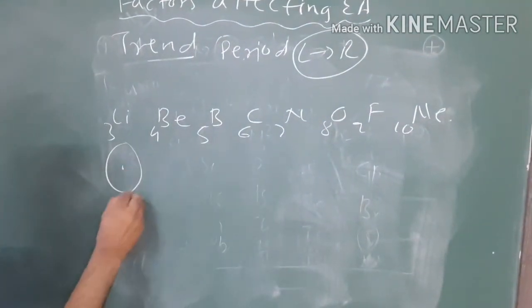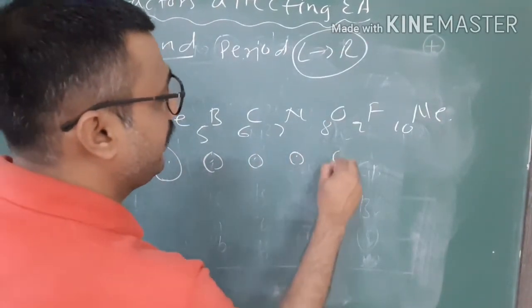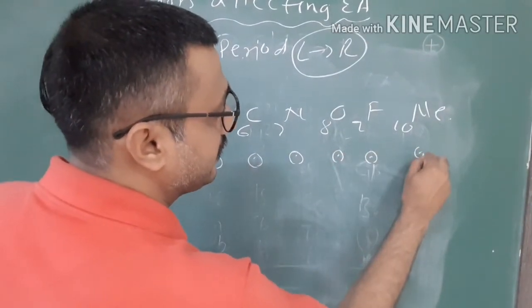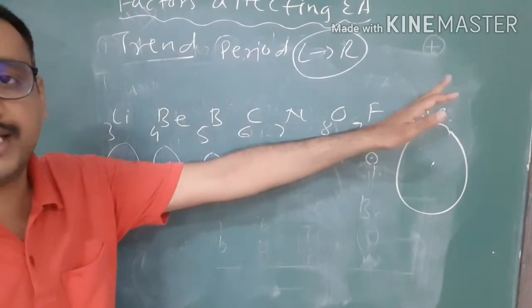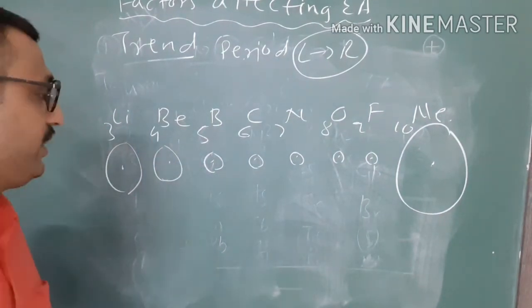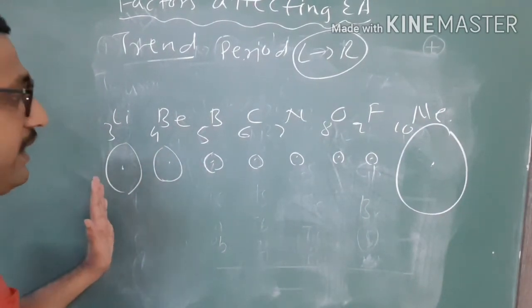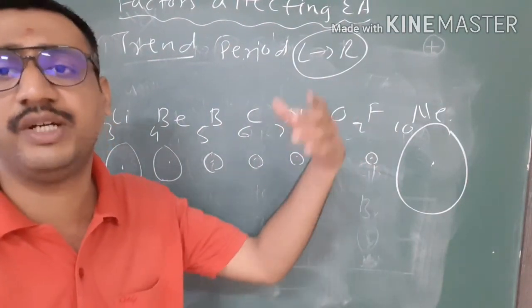Atomic size decreases as we move from left to right in the periodic table. Effective nuclear charge increases, as we studied. Because of the van der Waals radius, neon has the largest atomic size. So we expect that left to right atomic radius decreases, and that's why electron affinity should increase.